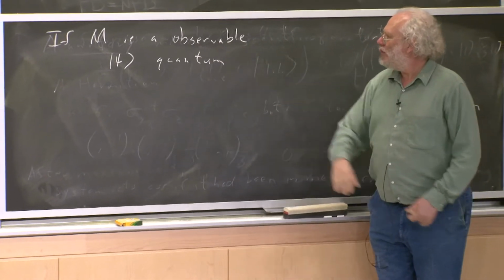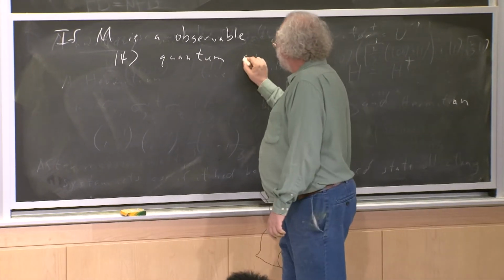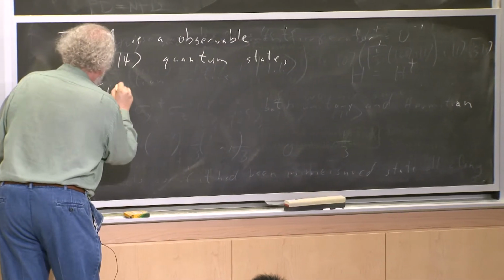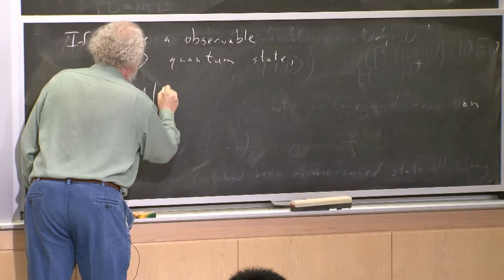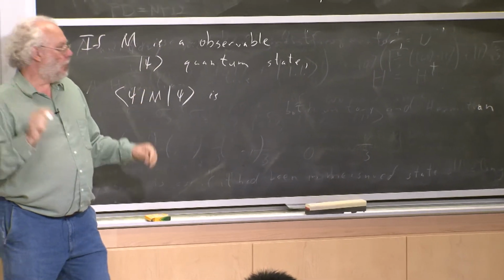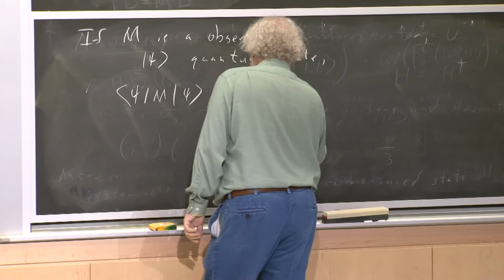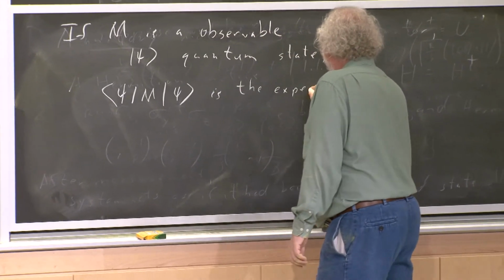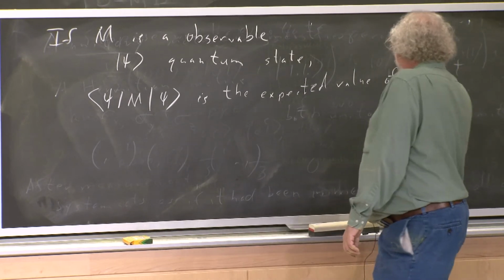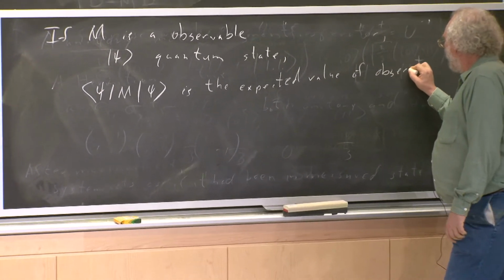So let's call them observables. Psi is a quantum state. Then psi M psi is the expectation value of the observable.